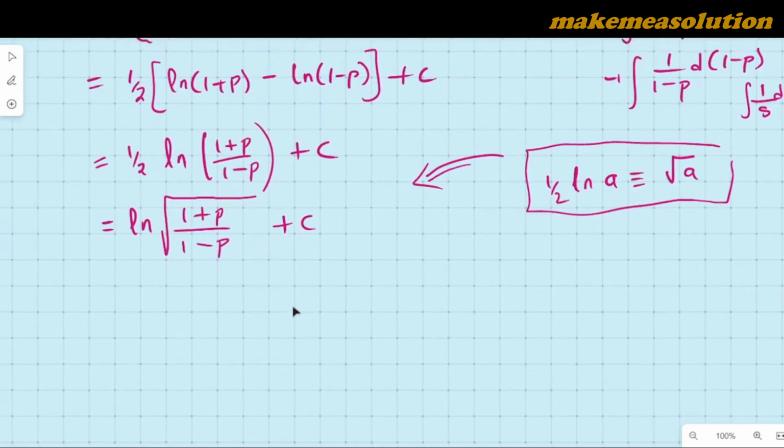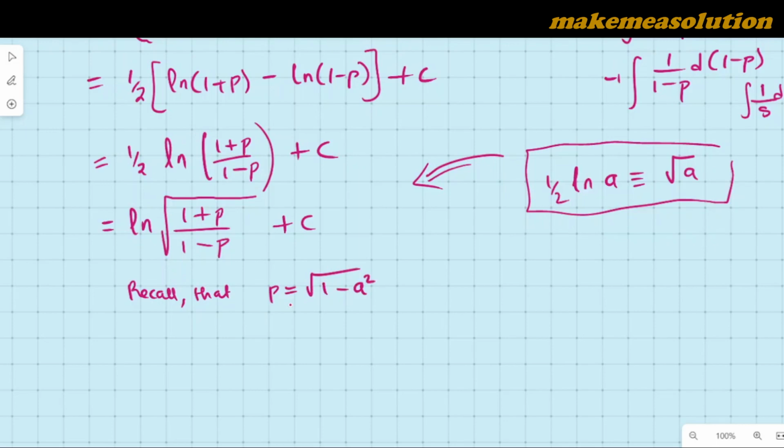So now what do we do? Now just recall that p was given as square root of 1 minus a squared.